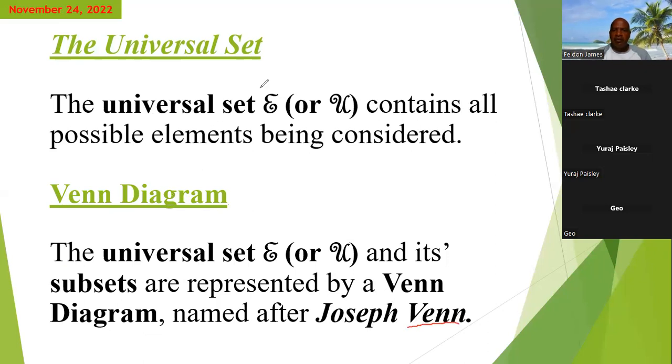All right, so that's how the name Venn diagram came about. So the universal set and its subsets are represented by a Venn diagram. Now notice that we say the universal set and its subsets, meaning that within the universal set, we will have other sets in the form of subsets.